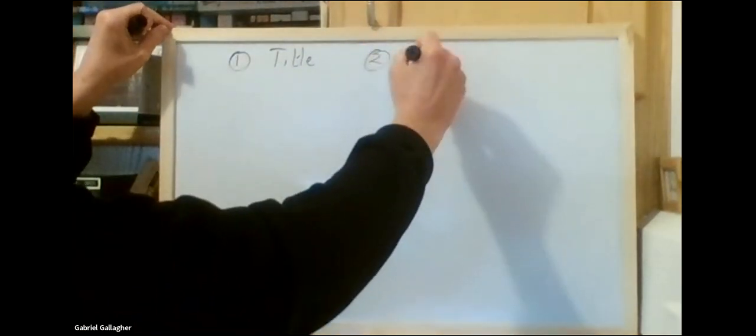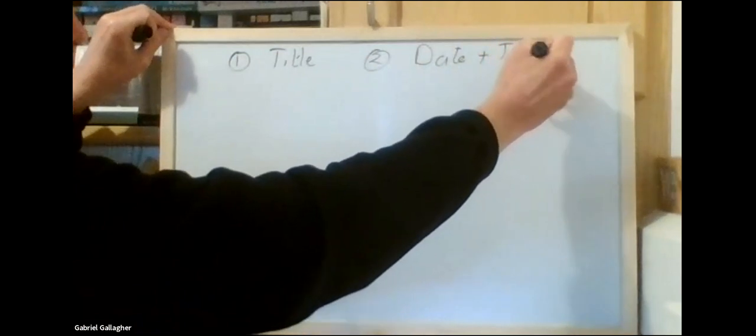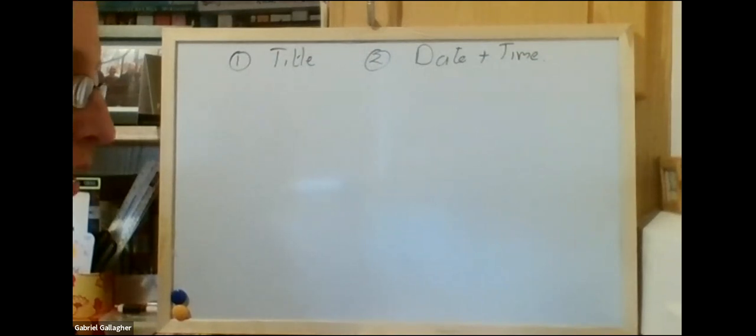Two, date and time. Really important as an engineer to write down the date and the time that you do any piece of work. Remember, this is the date and time that you do the work, not when you submit it or hand it up to me. It's when you do it. A lot of important information is recorded just by dating and timing things.